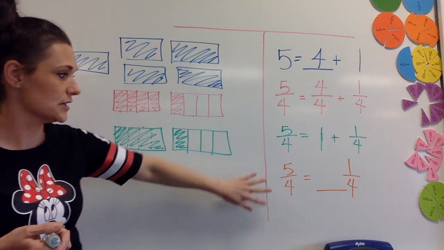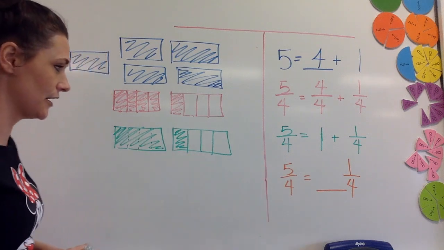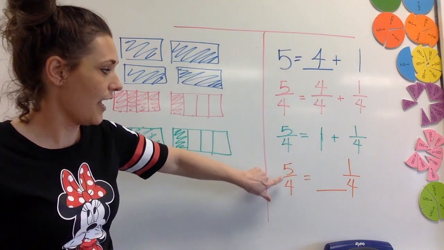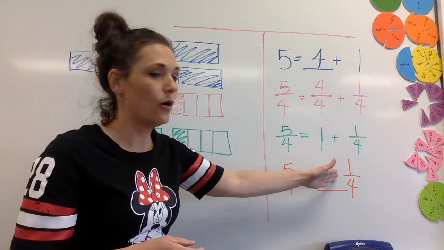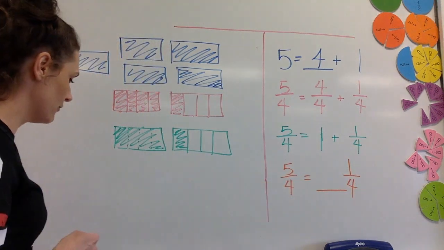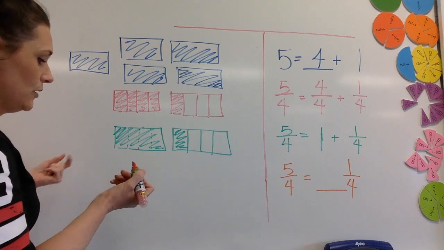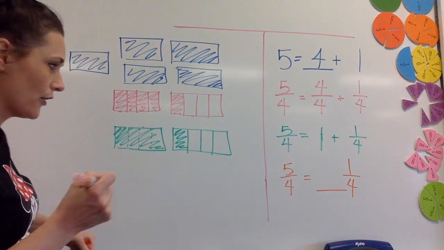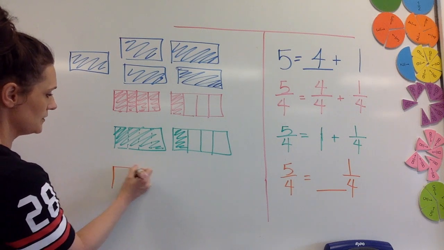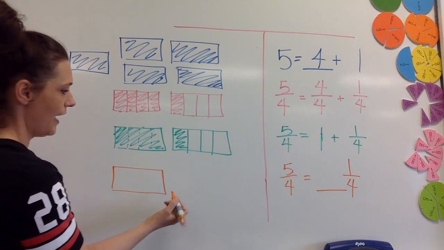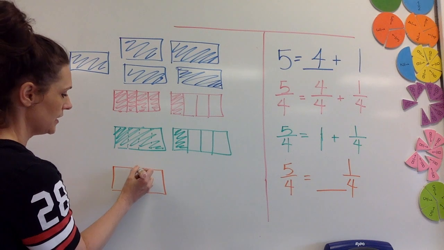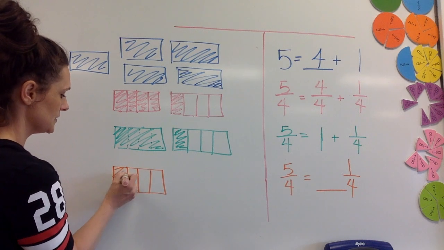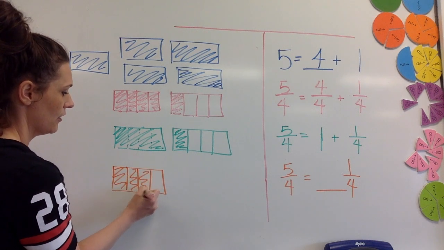All right, now let's look at our 5/4 down here. We are saying 5/4 is equal to what fourths? So if we drew this picture, we'd basically be drawing this picture again. Oops, I'm supposed to be using orange because I'm color coding for you. All right, so here's our 4 pieces to make.